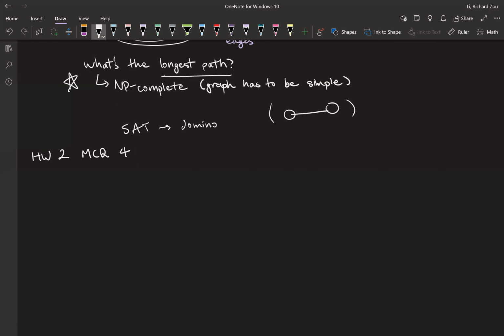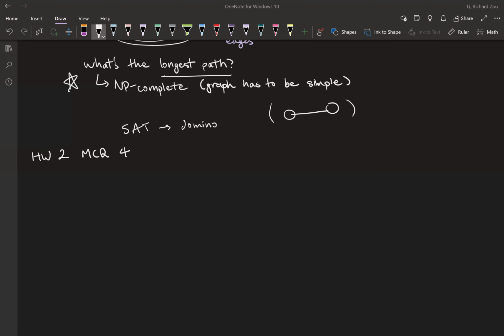This problem is nice because it's not too bad, and there should be a polynomial time solution for it.